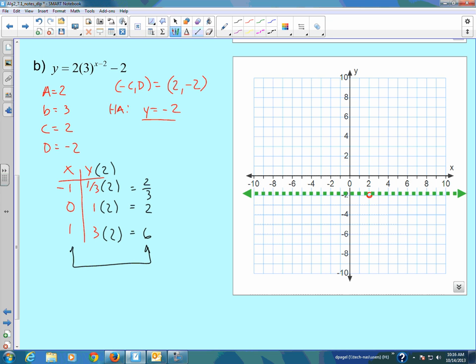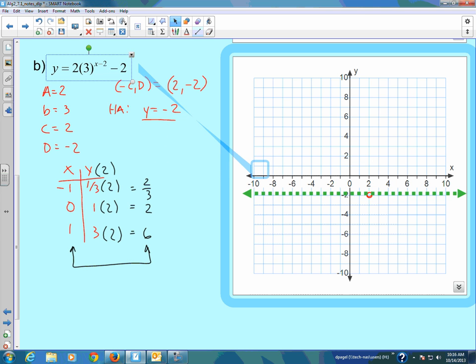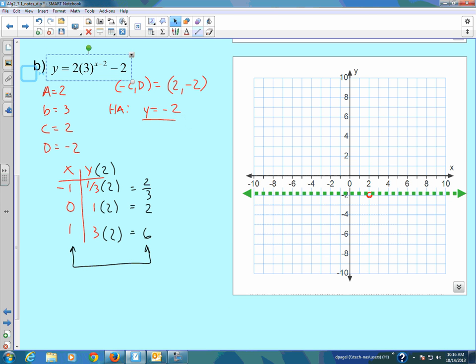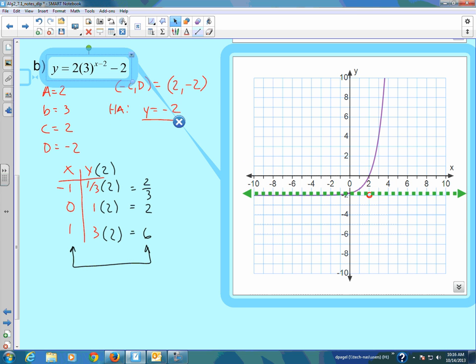New movements, graph from 2, -2. And there's my graph. So really, this is kind of a review from what we did the very first week with regards to parent functions. It just looks different because it's a different kind of function.